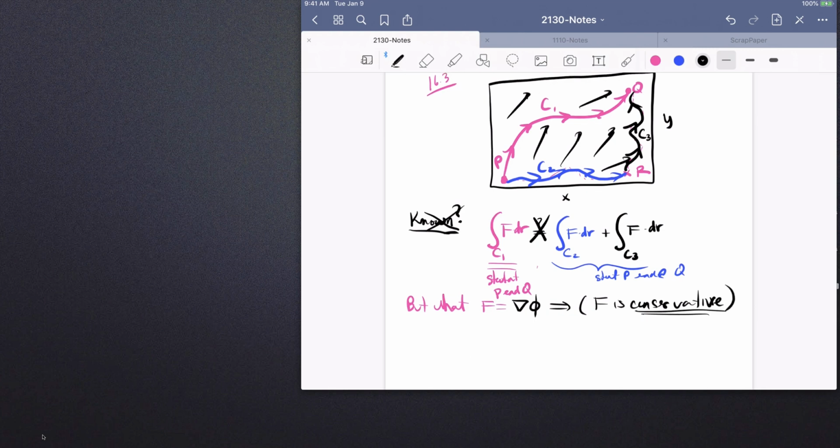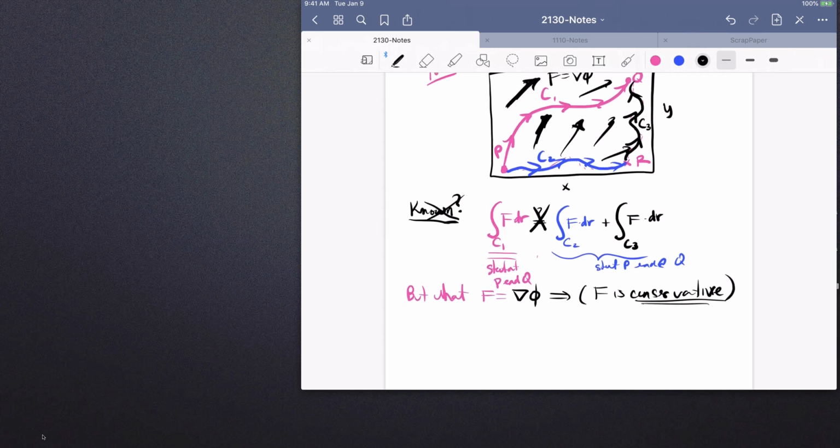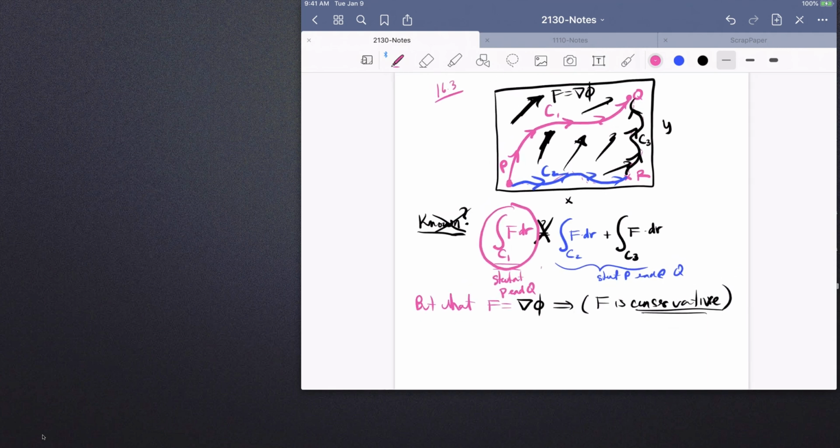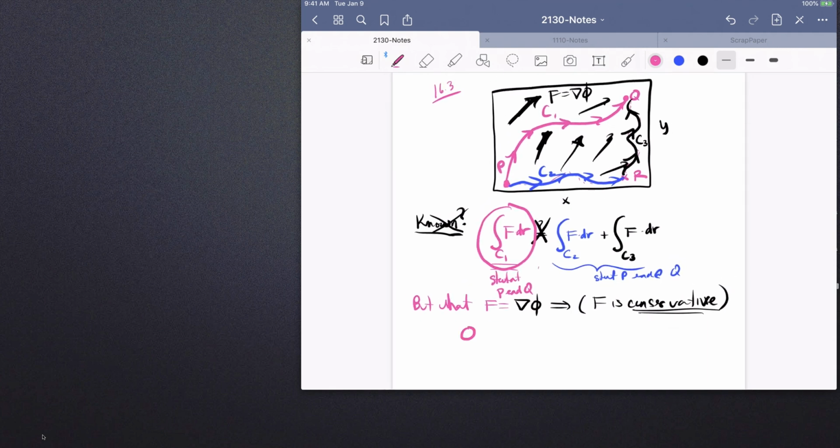If the vector field is not just any random vector field, but the gradient of some potential function, then the line integral along the curve C1 will be, from the fundamental theorem of line integrals, the potential function at Q minus the potential function evaluated at the point P.